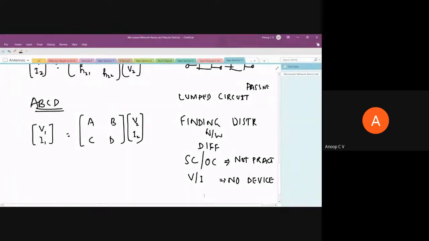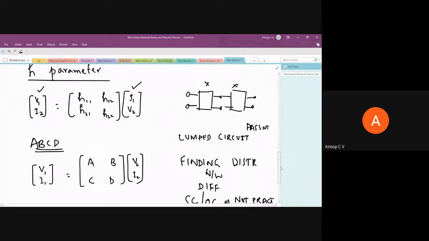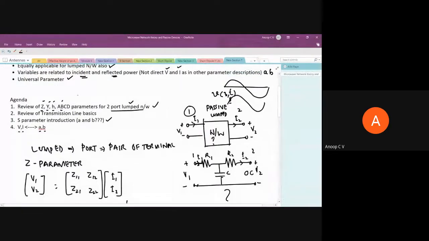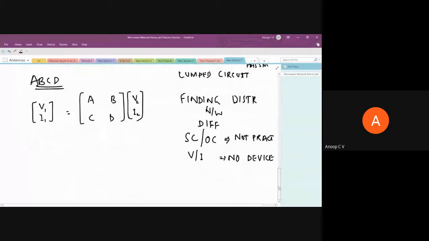Because of that, in a distributed network, we should go for S parameter. Our first agenda was reviewing Z, Y, H, ABCD parameters for a two-port lumped network. That we have done. The next topic is a review of transmission line basics, because to appreciate S parameter, we should review transmission line basics.